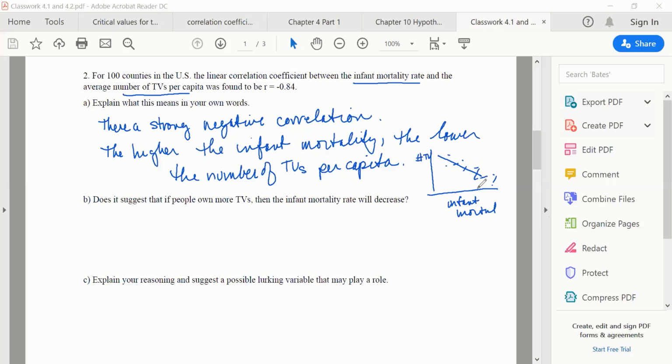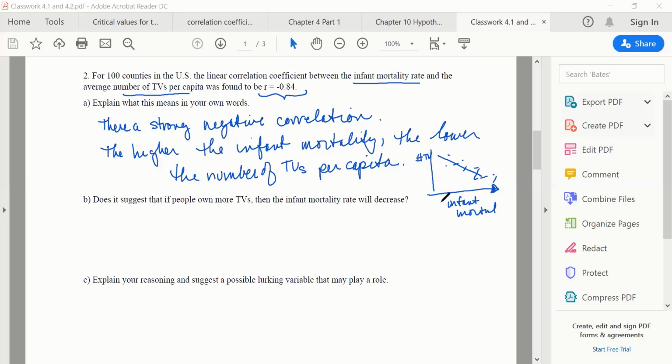Okay. Sorry, how are you determining what's the X? I have R is negative 0.84, which tells me I have a negative correlation that's fairly strong.